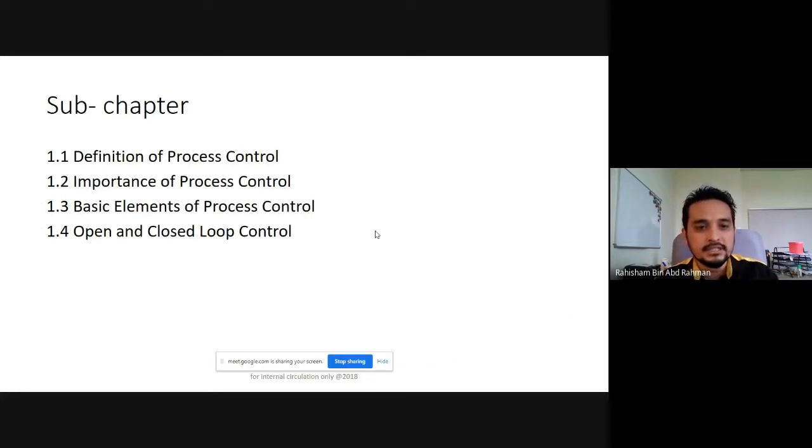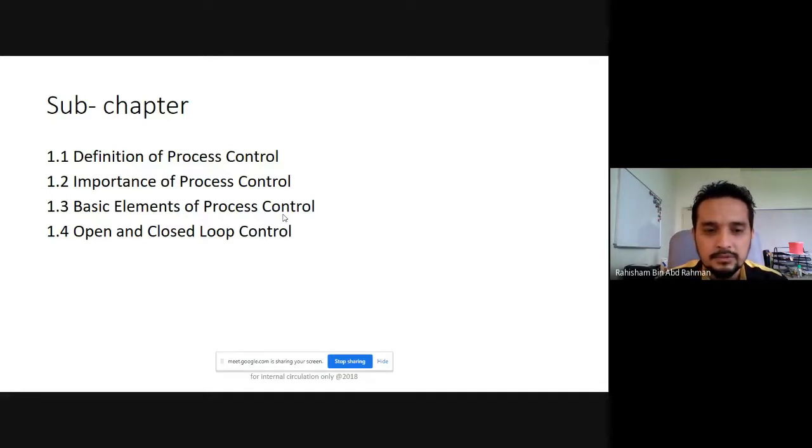For this introduction, we're going to review the definition of process control, and then we're going to know the importance. I believe you should be able to extract that from my explanation later on. After that, we're going to look at the basic elements of process control, the components required for process control.